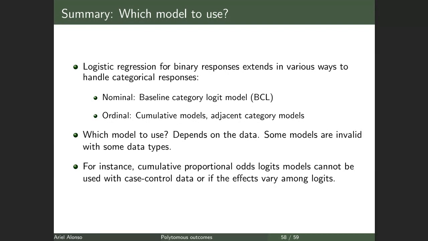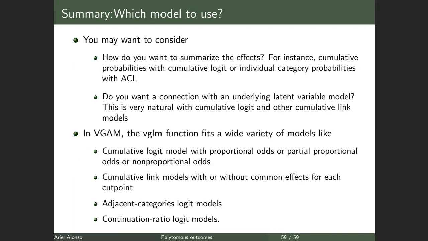You should use an adjacent category model with non-proportional odds, or you can use a baseline category model, or you may use a partially non-proportional odds model. So sometimes the data will specify which type of model you have to use. If your response, for instance, is not ordinal, then obviously you cannot use these cumulative link models. You will have to use a BCL model.